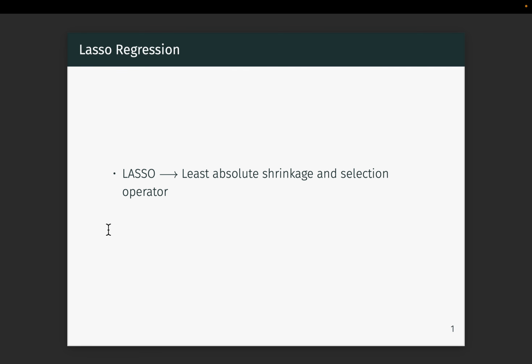You'll want a machine learning model to automatically figure out which of the features are important and which are not. So if an individual theta i, the coefficient of an individual feature, turns out to be exactly 0, not close to 0, exactly 0, can you conclude that the feature is more or less not important? That is what we hope to do via lasso regression. As a consequence, you'll see that individual theta i's will become exactly 0 in lasso. In L2 or ridge regression, they didn't become exactly 0, they became very small but close to 0.